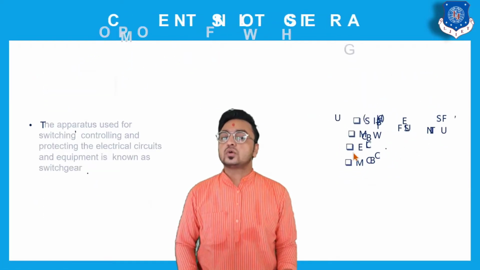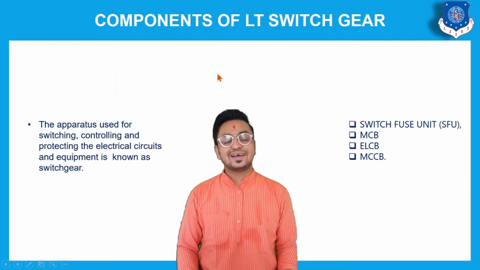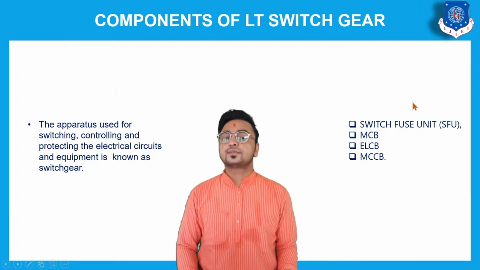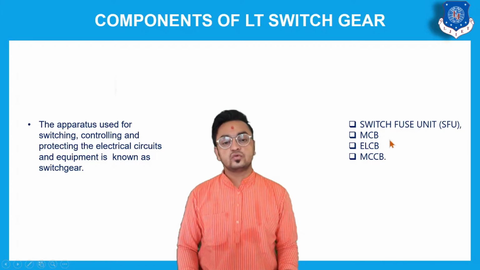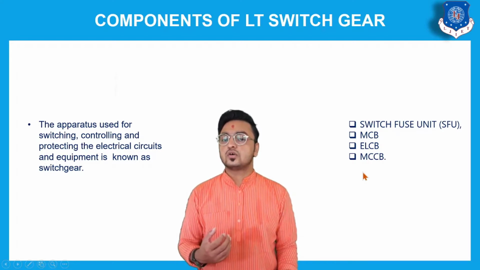Let's start with our first topic, components of LT switchgear, low tension switchgear. In this topic, we are going to discuss these four items: SFU, MCB, ELCB, and MCCB. First of all, what is switchgear or a protective device?